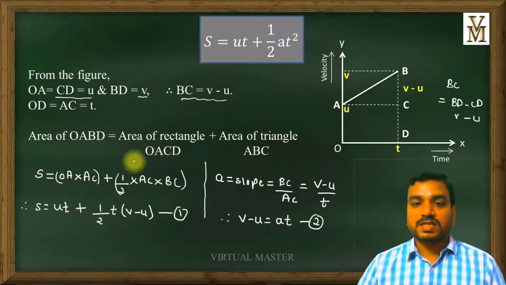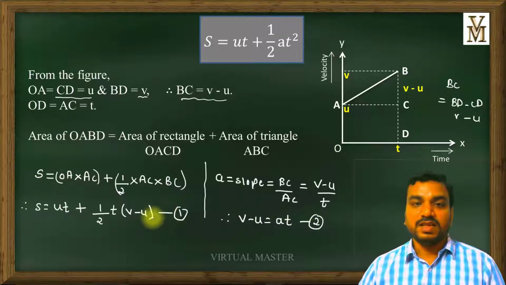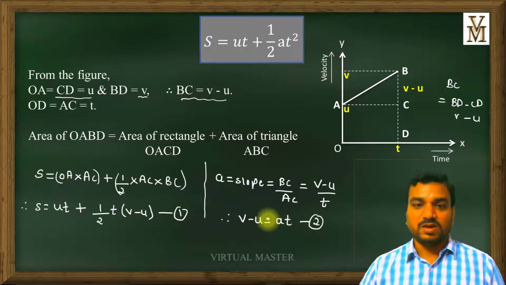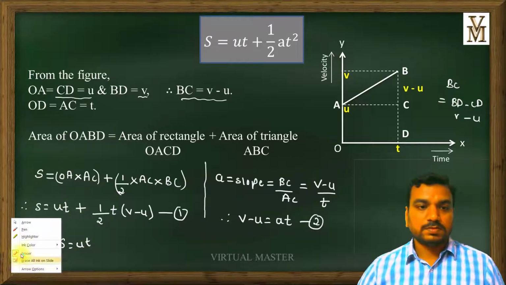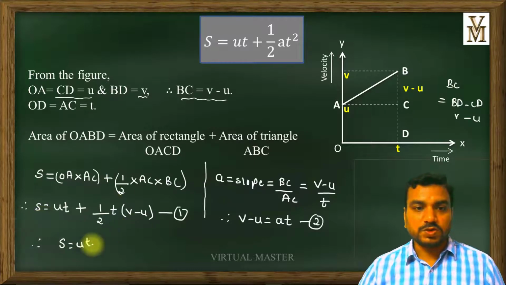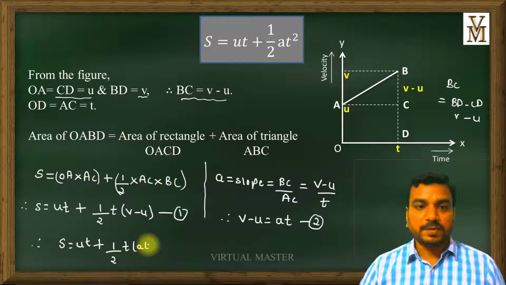Now what I am going to do is substitute equation 2 in equation 1. In equation 1 I am going to replace V minus U by AT. So S is equal to UT plus half into T into AT.